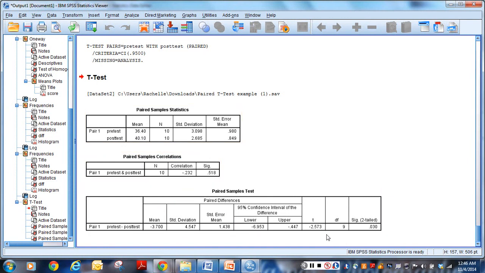And notice our last column shows a significance value of 0.030 for this comparison. And since 0.030 is less than 0.05, we could conclude that there is a statistically significant difference between the post-test and the pretest scores.